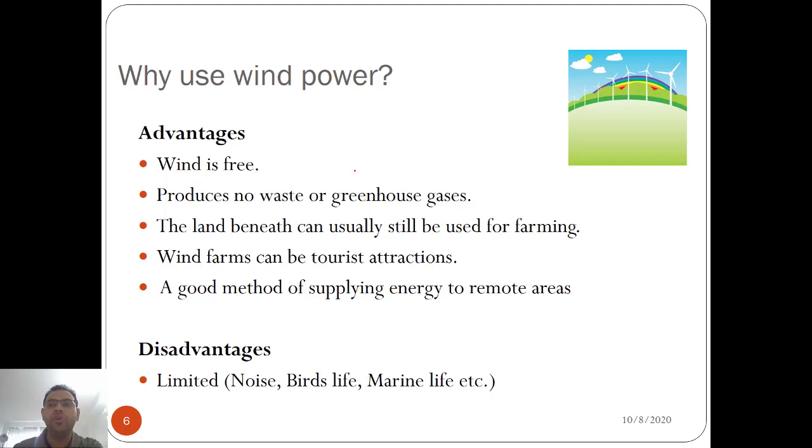You do not need to lay long-distance transmission lines, which are highly costly and cause a lot of line losses and power quality deterioration. All these things can be avoided for remote areas, and a wind turbine can be used directly there as an energy source. There are a few disadvantages based upon the type, but they are limited compared to the advantages that we gain from wind power.